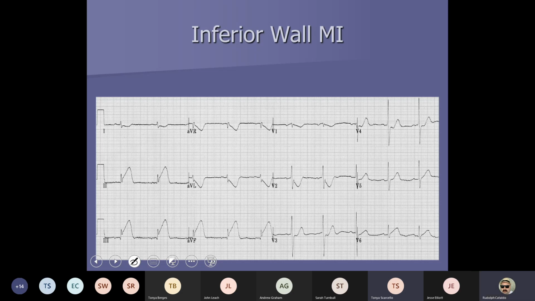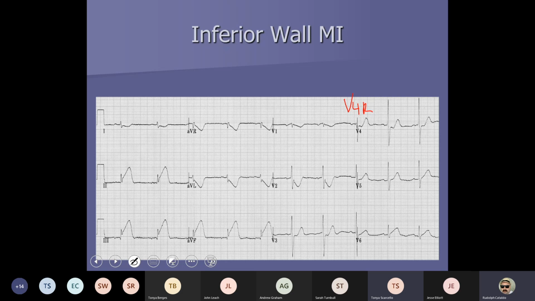I will then run another 12 lead. When that one prints out, I take V4 and I relabel it V4R because it's reversed. And if I see elevation in V4, that is 100% definitive that I have a right-sided MI. That's what's called a right-sided 12 lead. Only move V4 over.